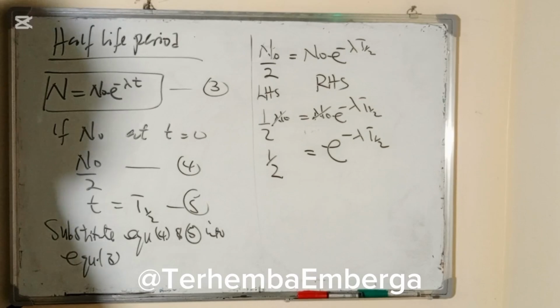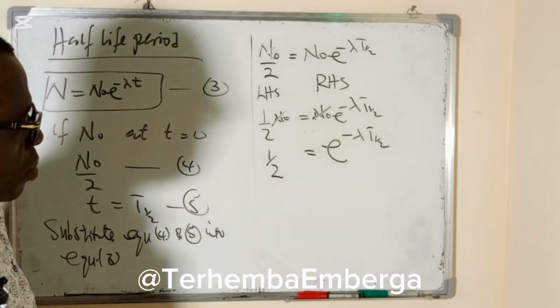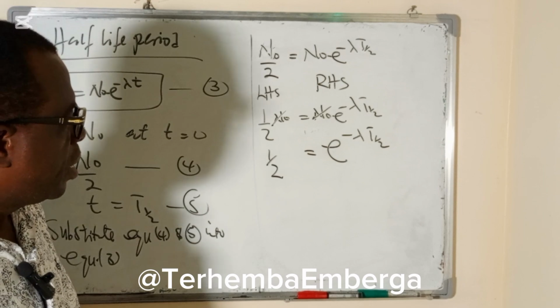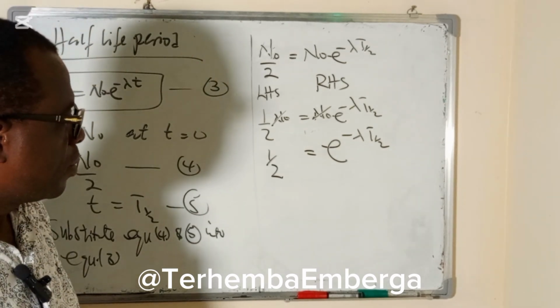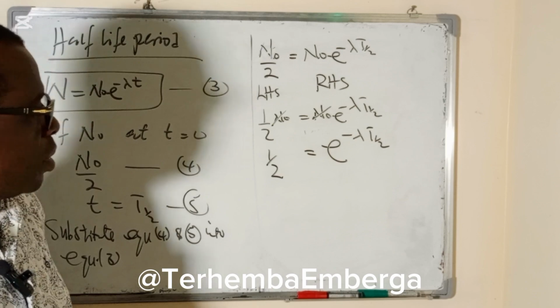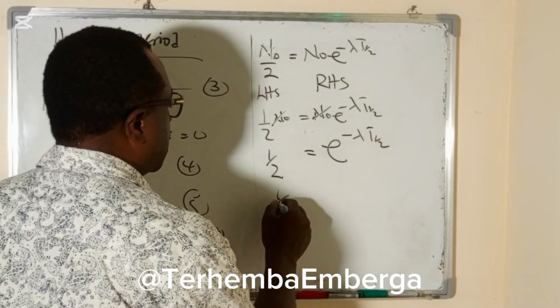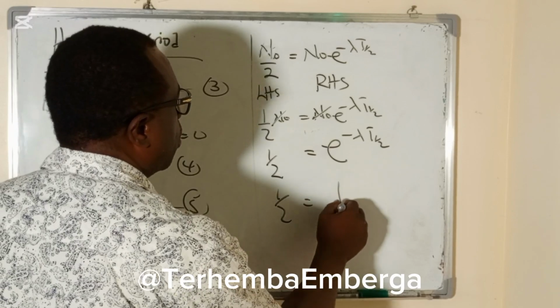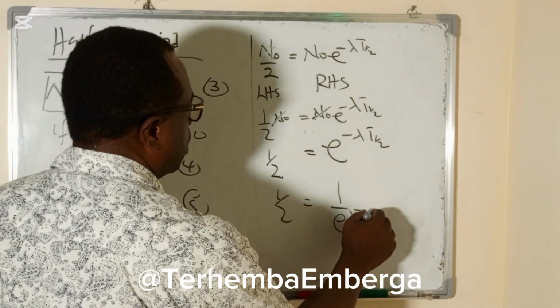So we are left with half on the left-hand side and e to the minus lambda t half. One will be wondering, how can you make T subscript half the subject? It is simple. We can write this as half equal to 1 all over e to the lambda t half.